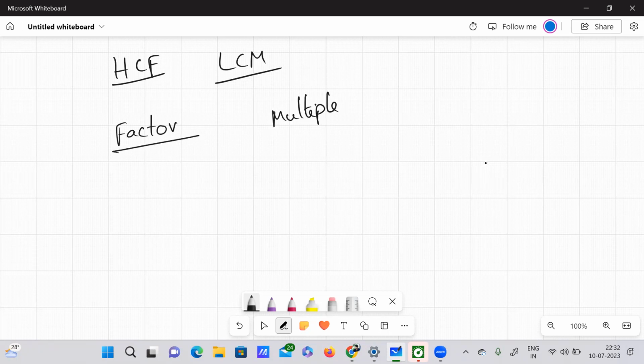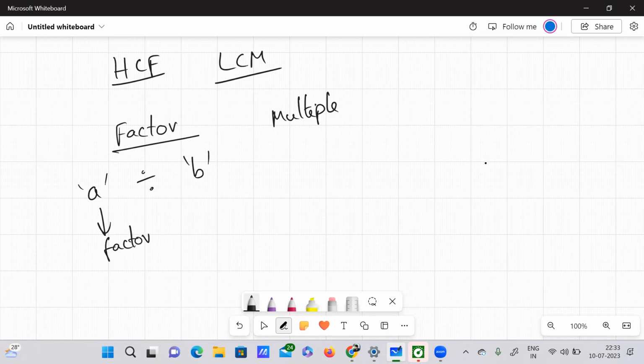So what is a factor? A factor is nothing but if any number divides the other number exactly, then we say, for example, we have a number that is A and we also have another number that is B. If this A is dividing B exactly, then here A is nothing but a factor.